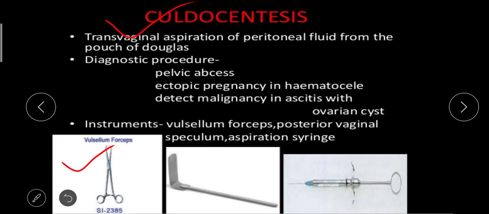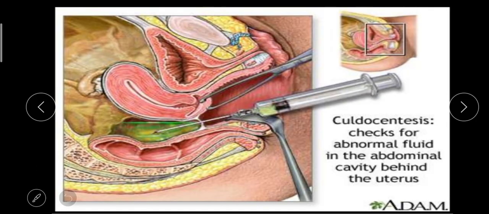Instruments used in culdocentesis are a Sims or vaginal speculum and an aspirating syringe. These are the instruments needed to aspirate the fluid from the vagina. Now you can see in this picture how, with the help of the syringe and the speculum, they are collecting transvaginal fluid for diagnostic purposes.